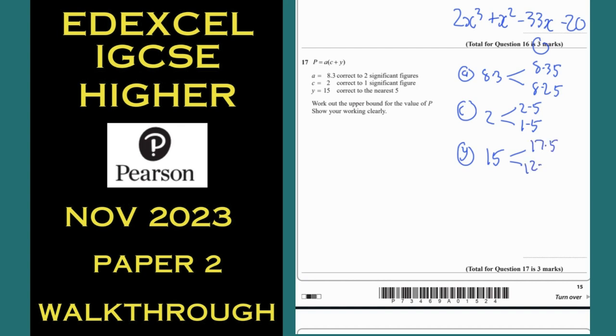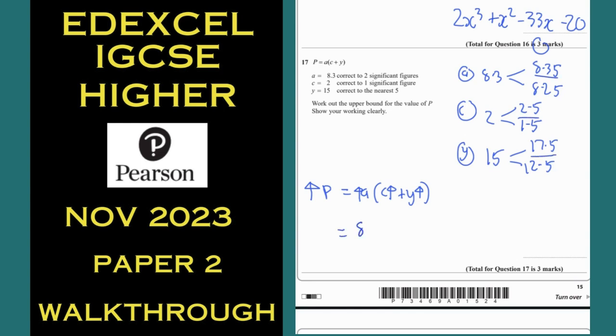And now, whoops, it says work out the upper bounds. So we want the biggest possible value of P. Looking at this sum, because we're adding and multiplying here, there's no taking or dividing, so it's actually quite an easy one. We want the biggest A multiplied by the sum of the biggest C added to the biggest Y. So we're picking the biggest for all of them.